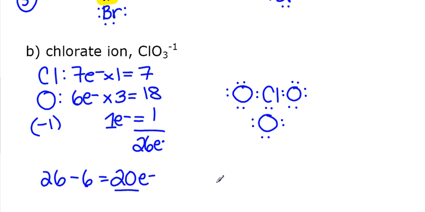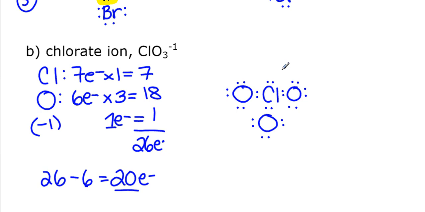So the other two go around the chlorine. So the last 2, I'm just going to put there. That's 26. So then I'm going to check. Do I have 8 around everything? 8 around this oxygen, here, here, here, and I have 8 around chlorine.